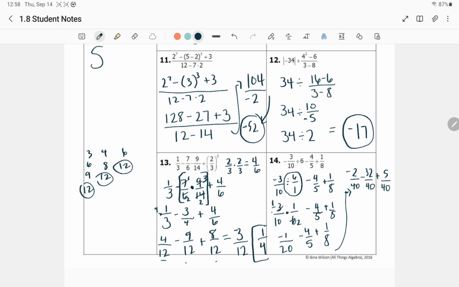And now I got negative 2 minus 32 is... Ooh, let me go back and look at this one. This one might be complicated. Minus a negative. Okay. I think it's 34. Negative 34 plus 5 is negative 29 over 40.